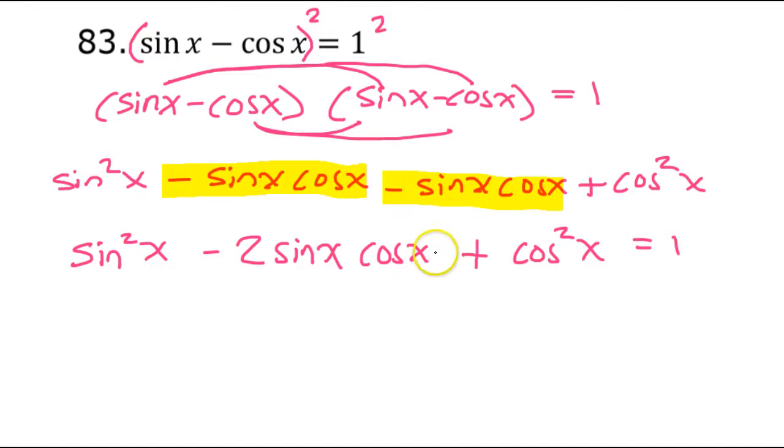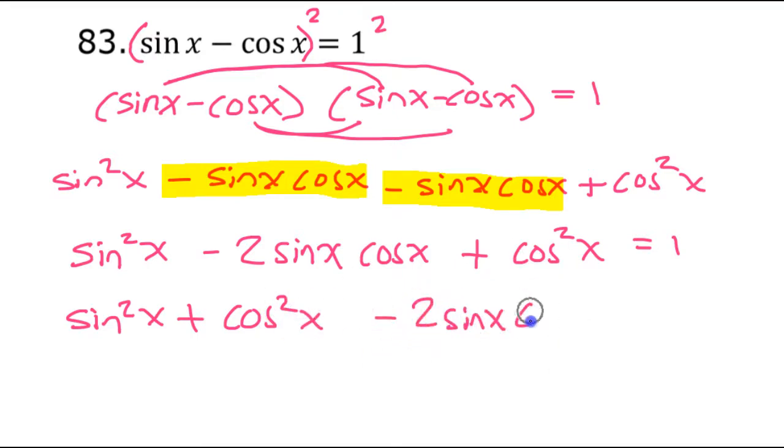Now, I'm noticing that we have sine squared plus cosine squared. Right? I could easily just rearrange this, couldn't I? I could rearrange this so I would have sine squared plus cosine squared minus 2 sine cosine is equal to 1.